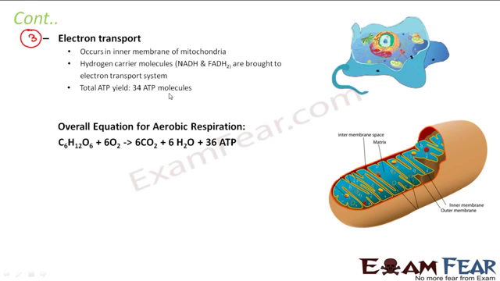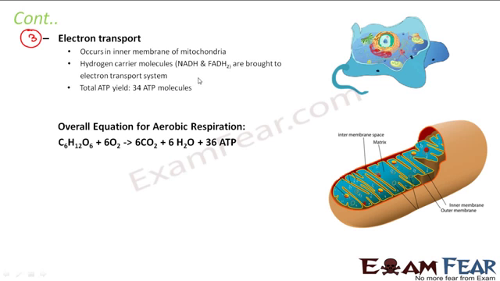So this will happen inside mitochondria. In fact, it will happen on the inner membrane of mitochondria. The hydrogen molecules which were at higher energy levels are brought down to lower energy levels, and in this process, eventually a very large amount of energy is released.